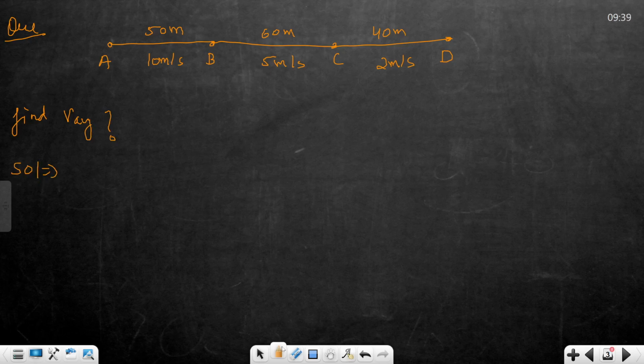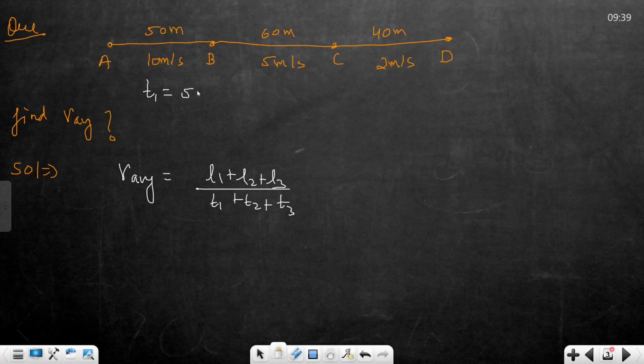So the solution of this question: V average is equal to total length covered, L1 plus L2 plus L3, upon T1 plus T2 plus T3. So what will be T1? T1 will be 5 seconds, T2 will be 12 seconds, and T3 will be 20 seconds.